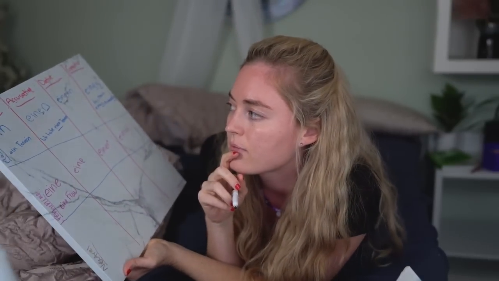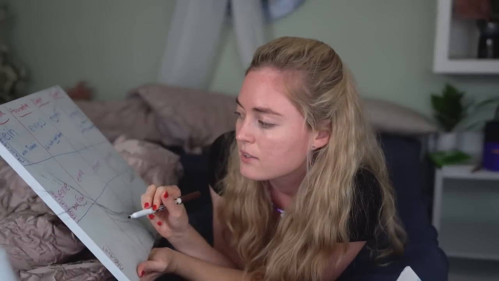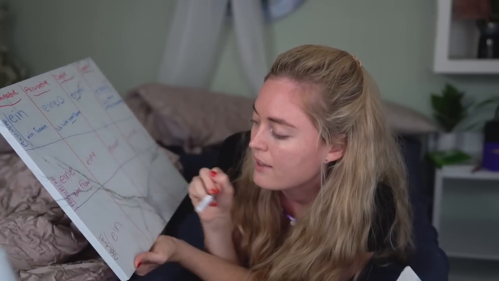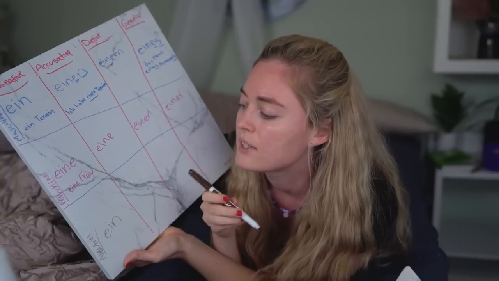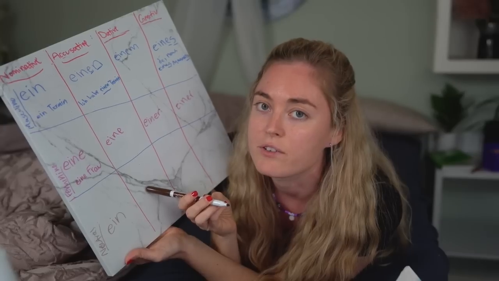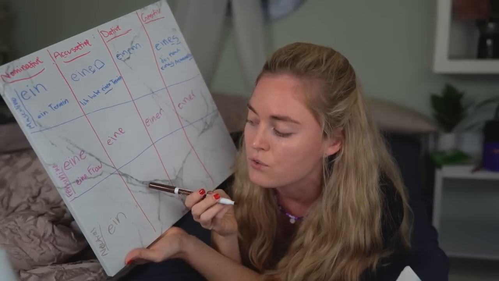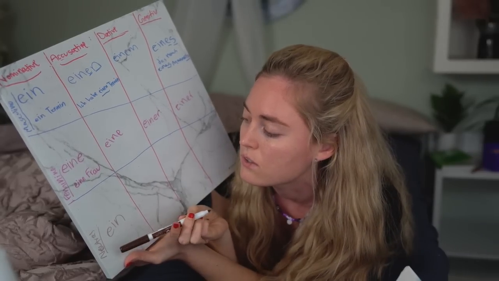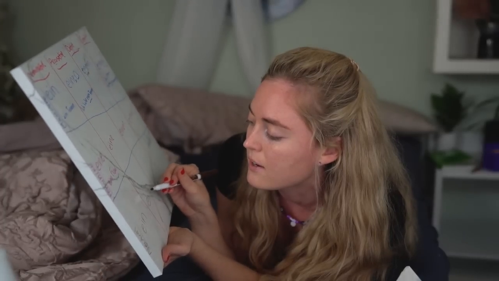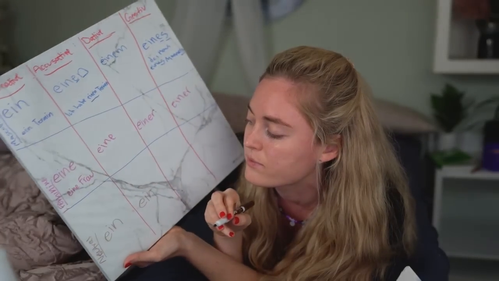So the nominative neutral is going to be just like masculine. E, I, N. And this is where it's different from masculine. There is no change to neutral accusative. It's just ein.